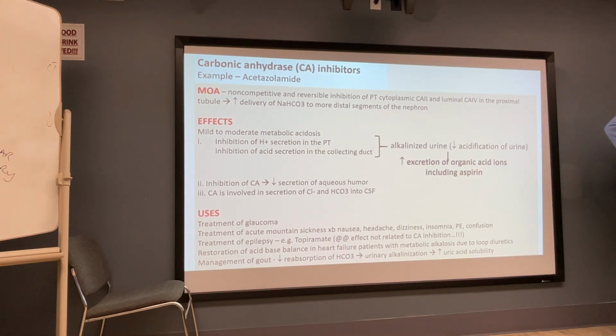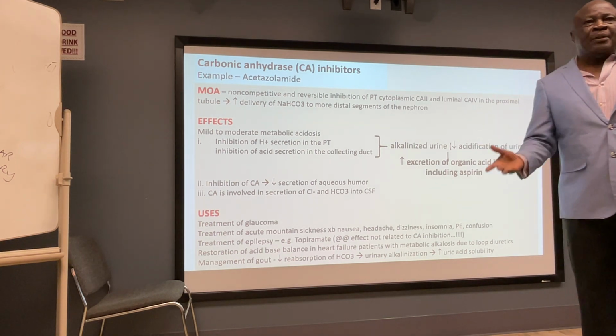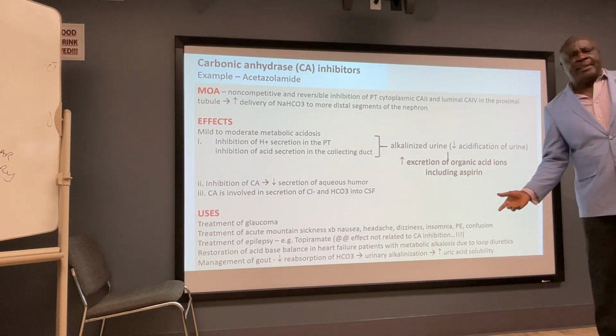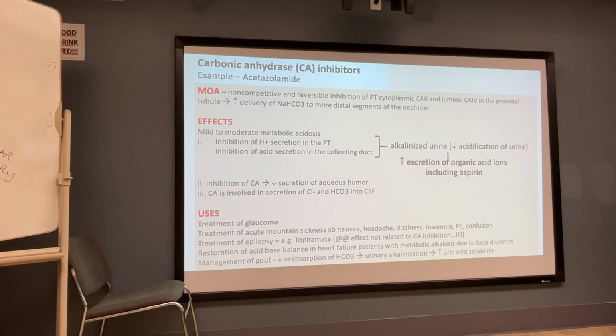They can also be used in the management of gout because they reduce the reabsorption of bicarbonate and therefore alkalinize the urine. Then they can increase the solubility of uric acid. Don't forget what I said about alkalinizing urine to increase the excretion of acidic drugs and vice versa. So that is all about carbonic anhydrase inhibitors.